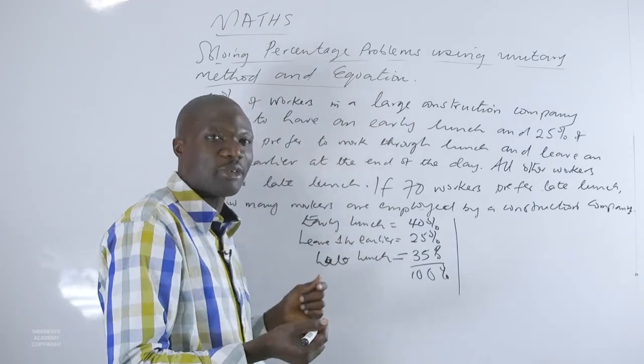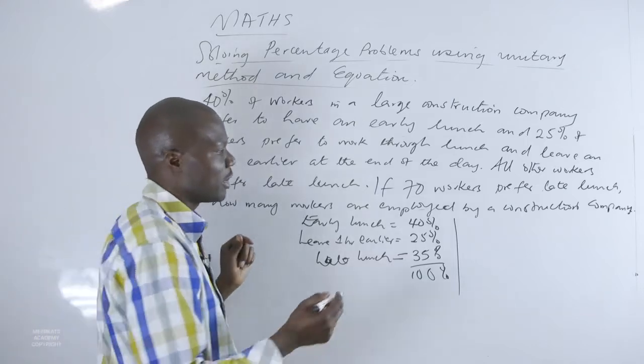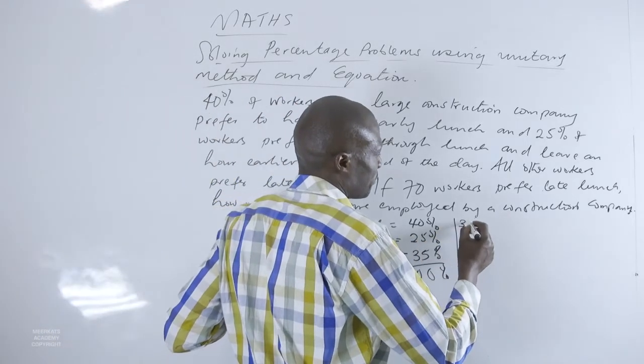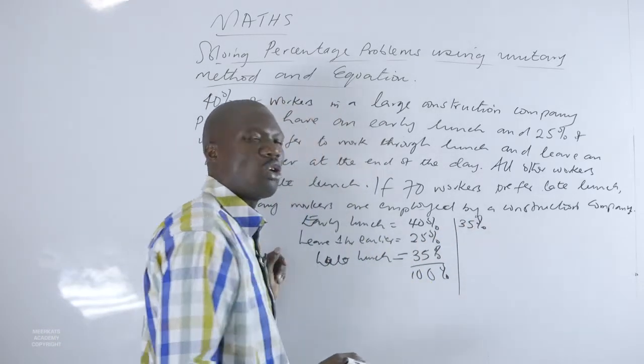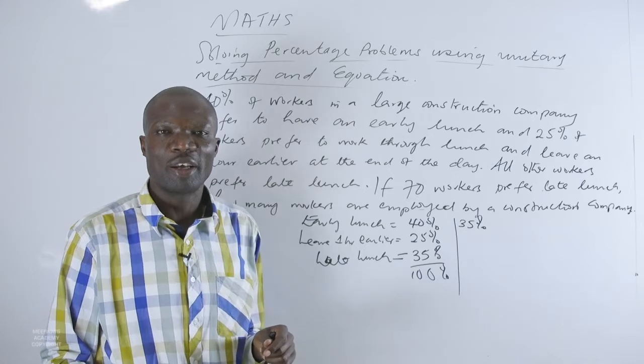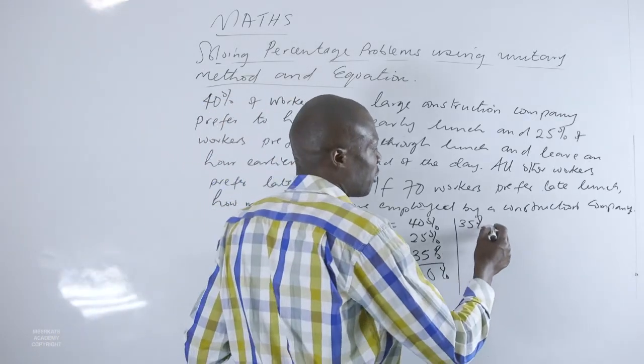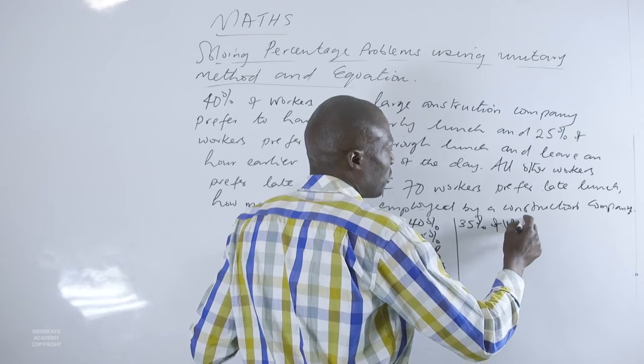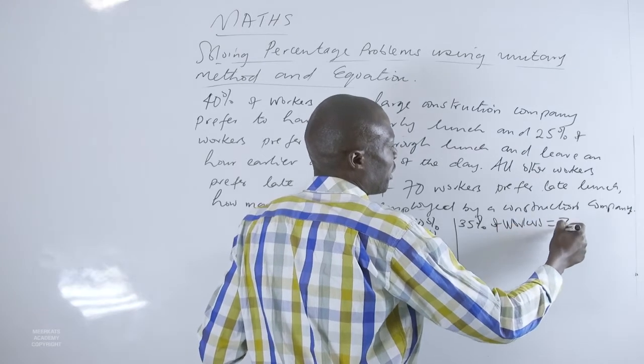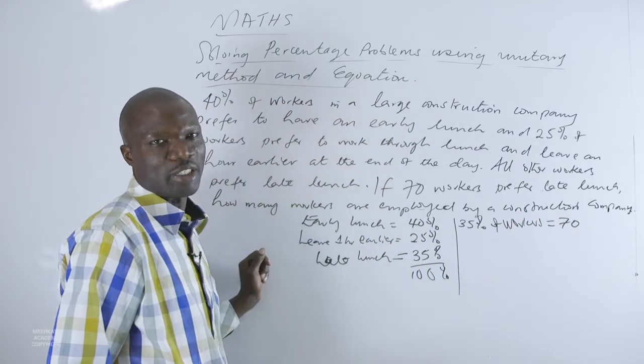So let us write that down: 35% of the total workers employed there. So 35% of W workers is equivalent to 70 workers.